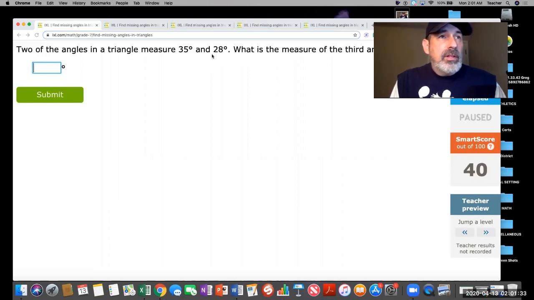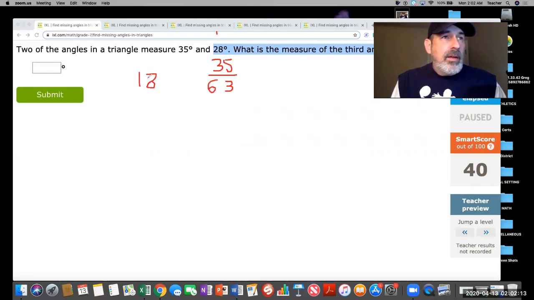So I always just, oops, let me get my pointer. All right, here we're back. So I always just, I'm a little lazy. I'll just write the 35 under the 28. Okay, 5 plus 8, that's going to be 13. Carry the 1. 2 plus 1 is 3 plus 3 is 6. So I'm going to subtract that 63 from 180.